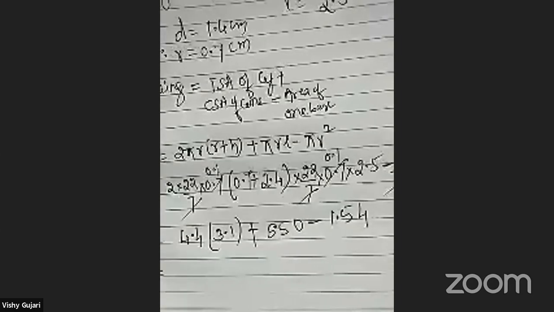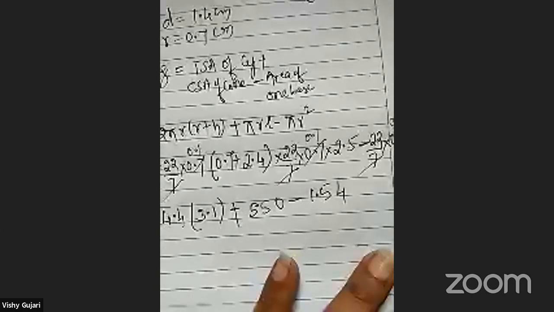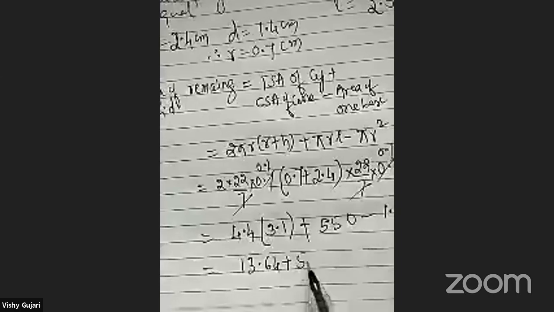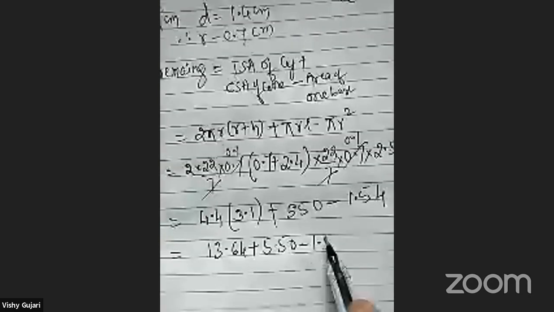So totally now, 44 into 31, how much will you get? 1364. That is 13.64 plus 5.50 minus 1.54.